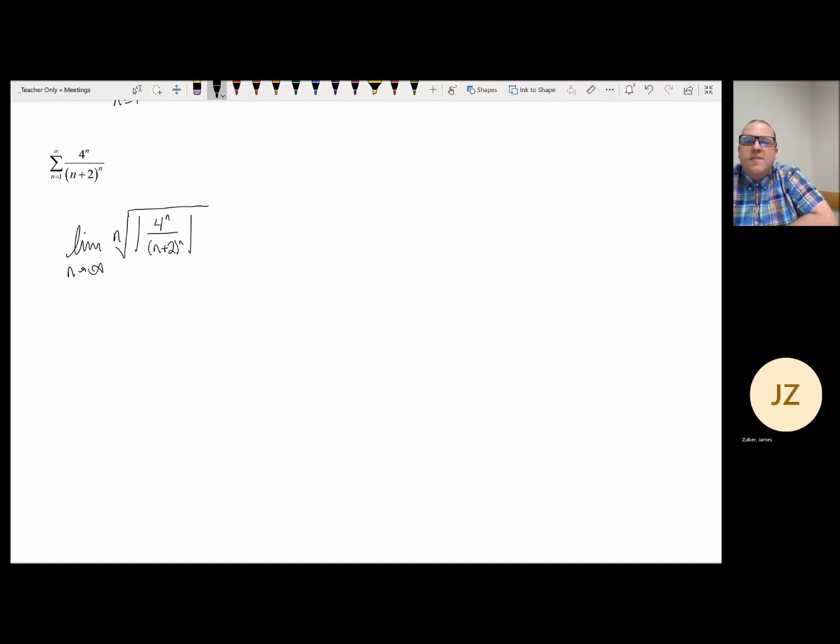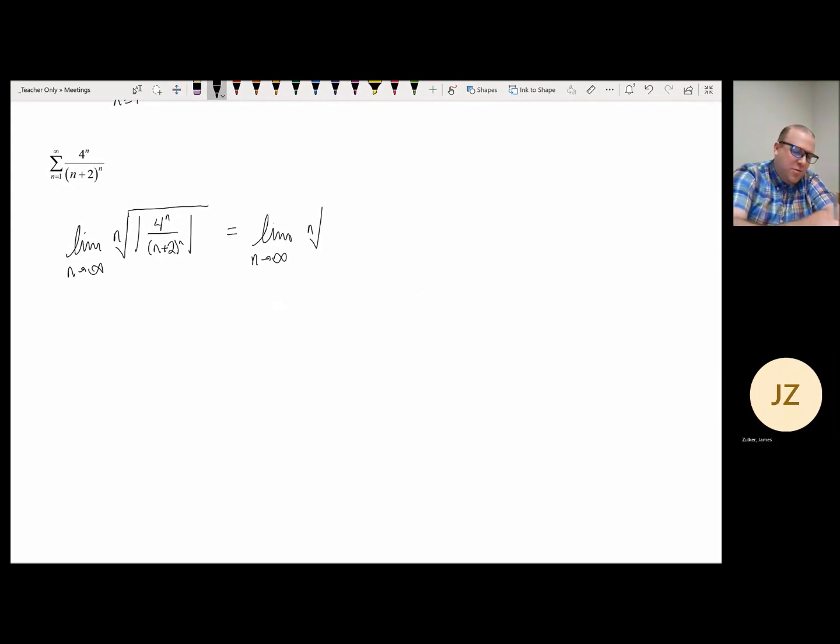This is the limit we're looking at. Well, we can immediately remove the absolute value. We know it's going to be positive.